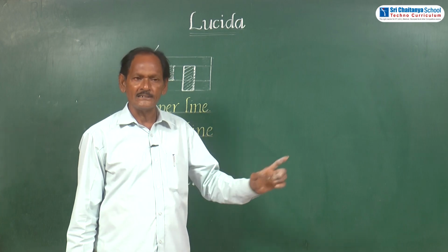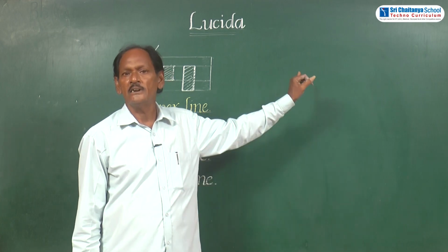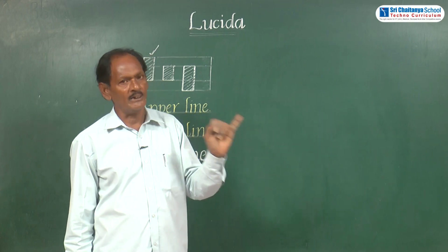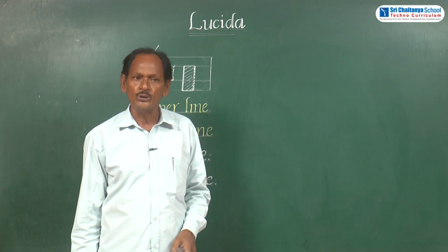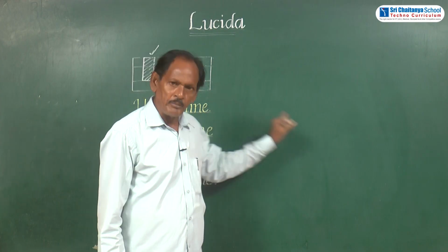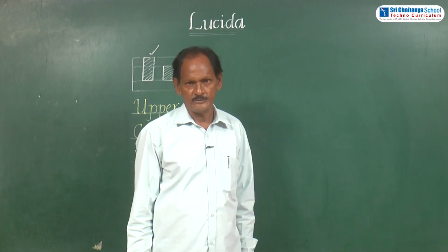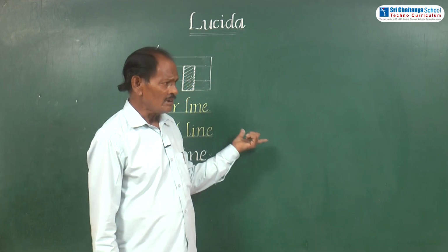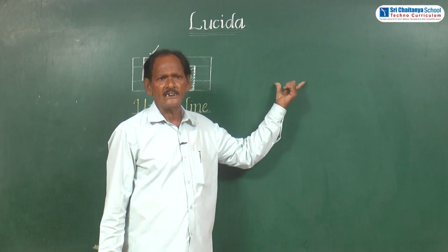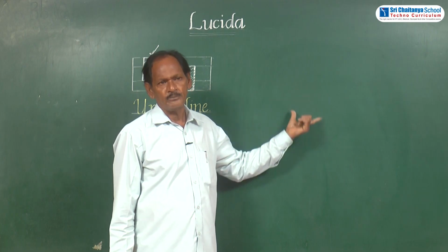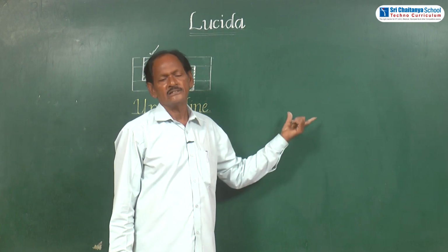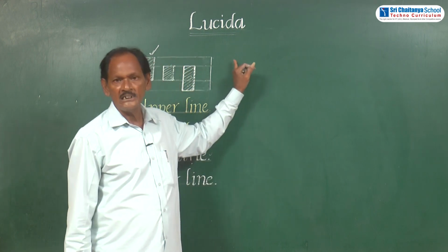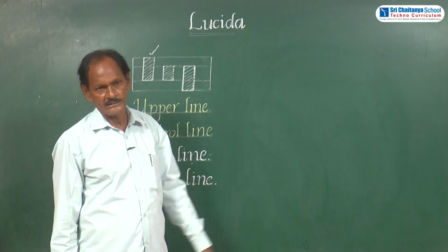The remaining letters are written in the small form only. That is why the small letters are very, very important. That too, the upper zone letters are very, very important, because up to what extent the letters will be written and up to what extent the base will be permitted, all these things are written in these upper zone letters. Okay.